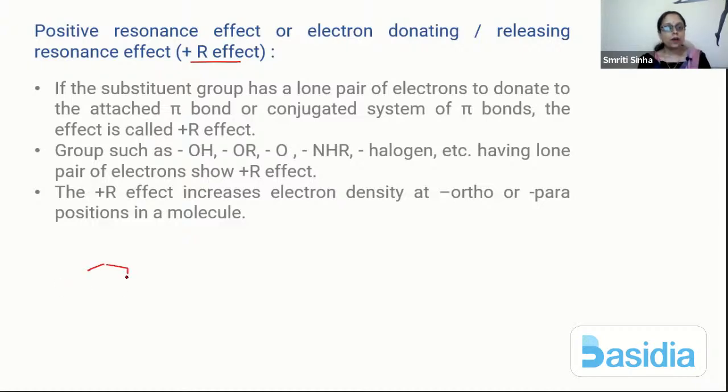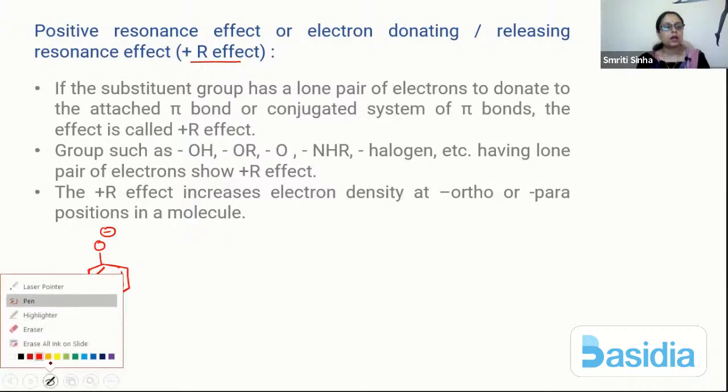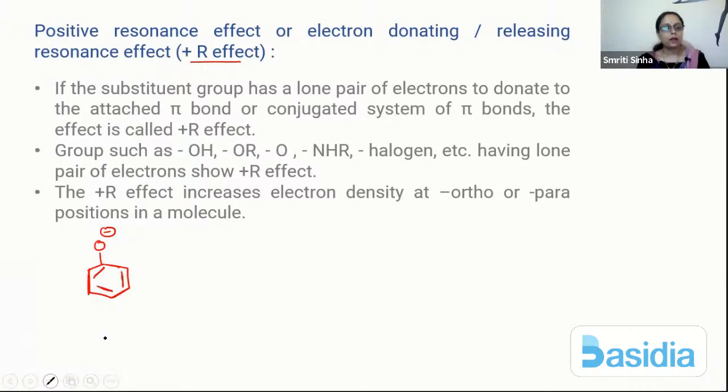If you have an aromatic ring, this is a conjugated system, correct? Double, single, double, single, double, single. In this, if you have some electron donating group, say I take O negative here, what happens? This O negative will try to push the electron towards the benzene ring in this manner.